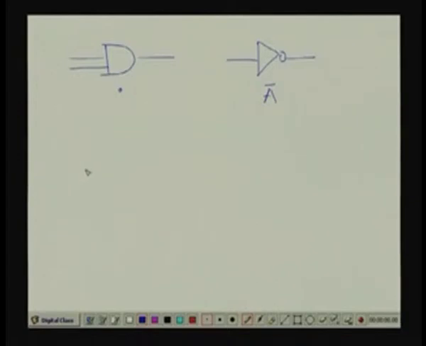Now, say ideal switching means, say here it is a 0 to 1 switch, and here it is a 1 to 0 switch.